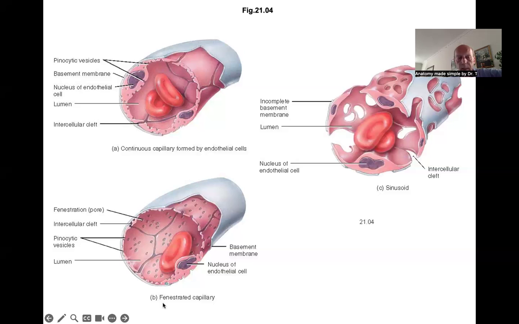On the other side, we have fenestrated capillaries. The term fenestra, which means window, obviously offers additional openings not only between endothelial cells, but as illustrated here, through the endothelial cells. Fenestrations, or pores, actually are allowing more significant filtration to take place across the wall of fenestrated capillaries, such as the capillaries of the kidneys.